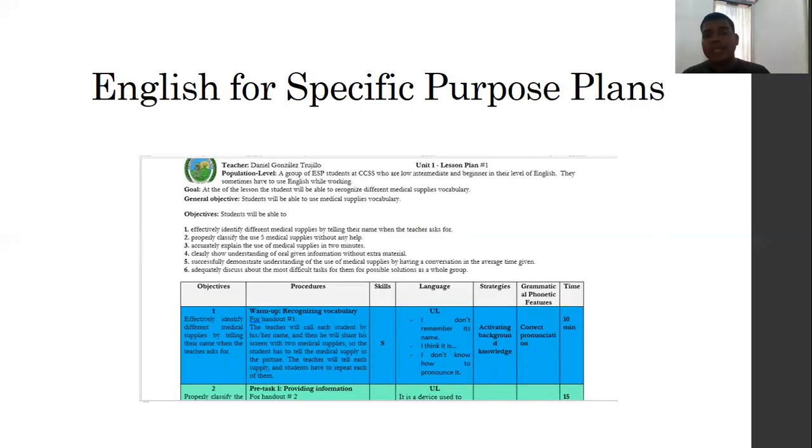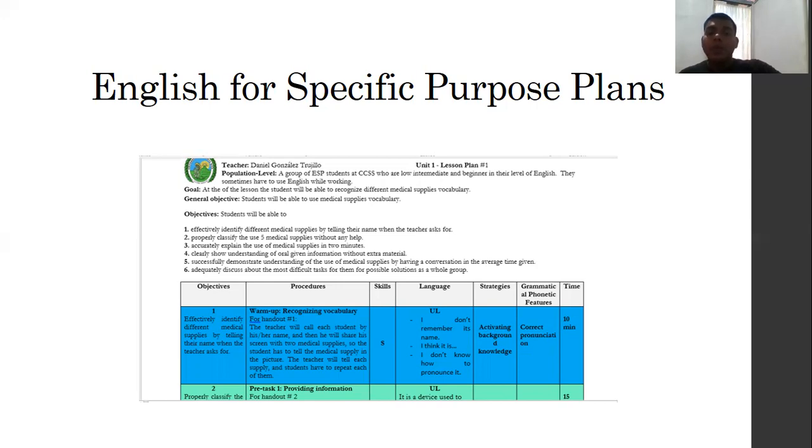Once they had taken the needs analysis and answered the different questions, I could plan what I want them to improve based on their needs.